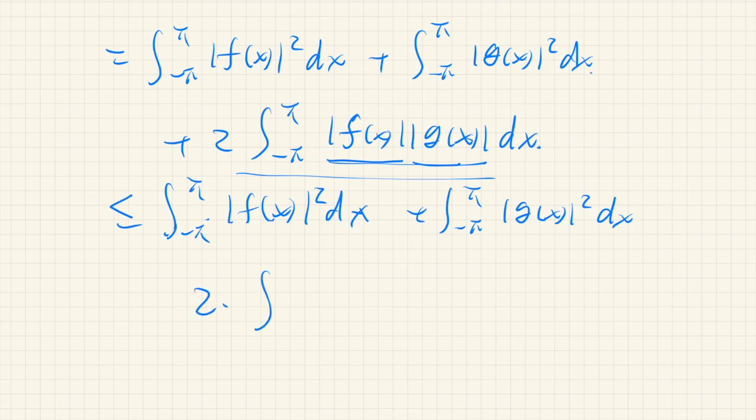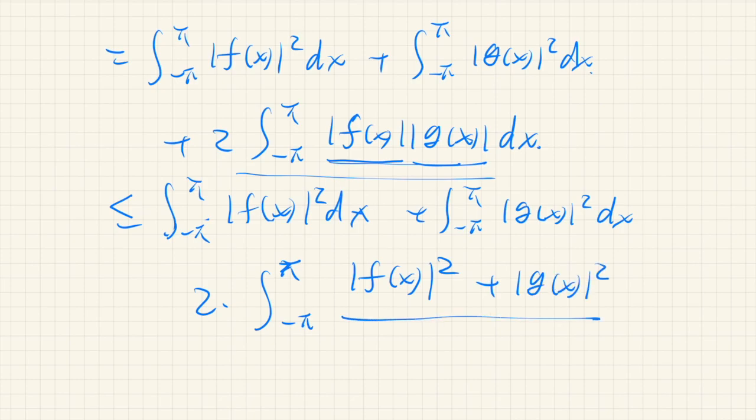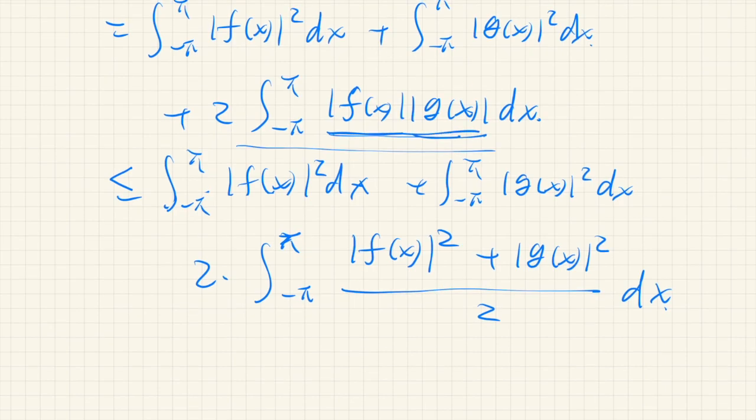So 2 times the modulus of f of x squared plus the modulus of g of x squared, divided by 2. So this is the geometric mean, and this is the arithmetic mean of this and this.